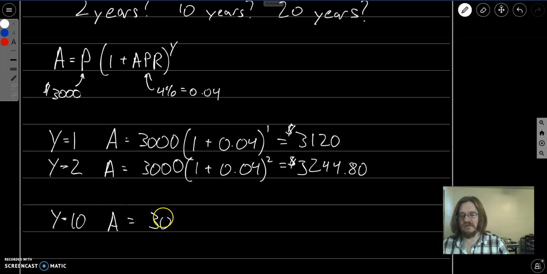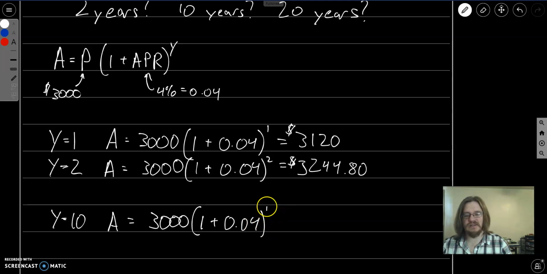So we have our $3,000 that we initially invested times 1 plus our interest rate, which is 4% or 0.04 as a decimal. Raise that to the 10th power because we've invested it for 10 years.